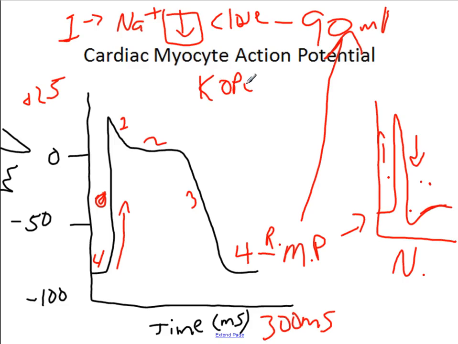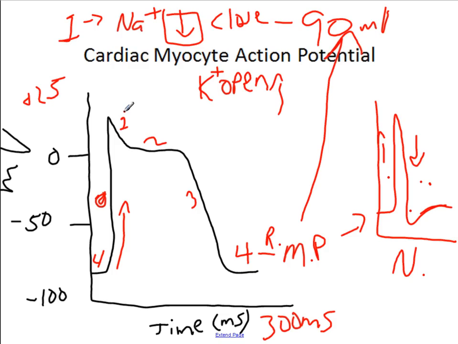Due to the very positive charge of the internal environment of the cell, that's going to start to drive potassium out. But this is where it gets a little different. That's basically what phase 1 would be: the sodium channels close and then we start to have an efflux of potassium.